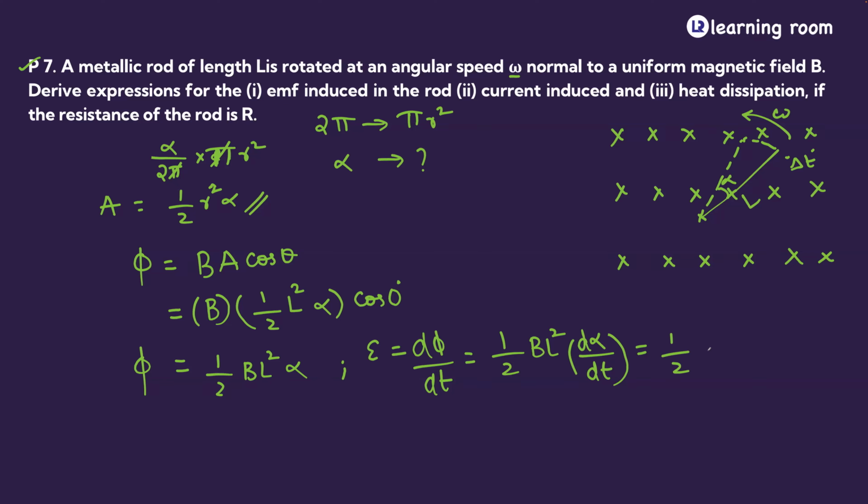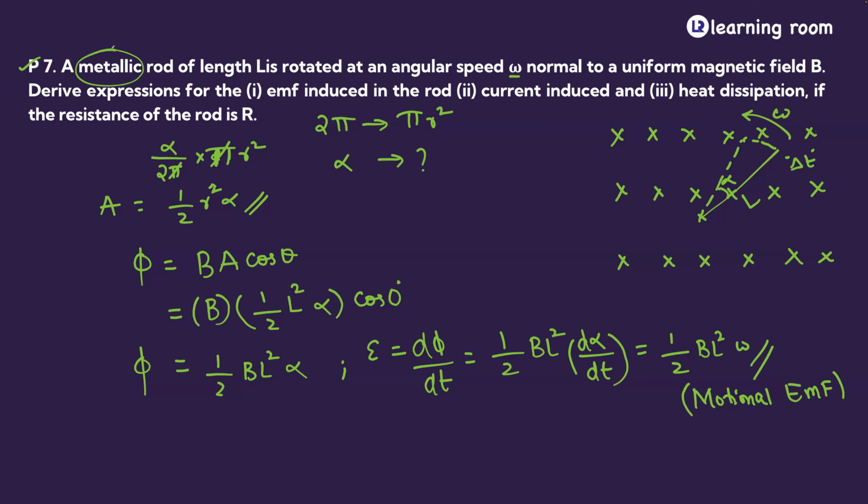So this is going to be half B L square omega, and this is also called as motional EMF. This is also called as motional EMF because this is getting generated across the ends of this conductor. Why I call it as a conductor is because they use the word metallic. Metals are conductors. So across the ends of this conductor, I am able to generate EMF due to its motion.